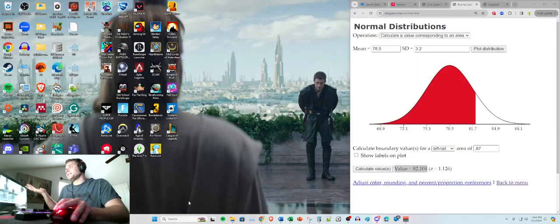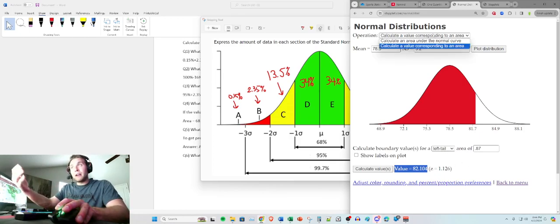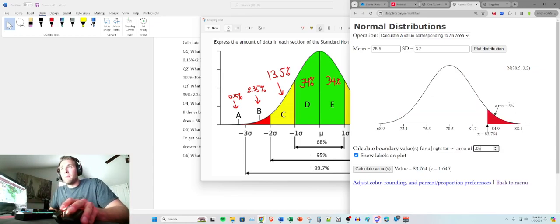But I don't have to guess. Since it's saying the top 5%, I've got an area, so calculate value corresponding to an area. And what I can do is change this to a right tail, and then just put in 5%. It's a decimal though, so 0.05, and hit enter.